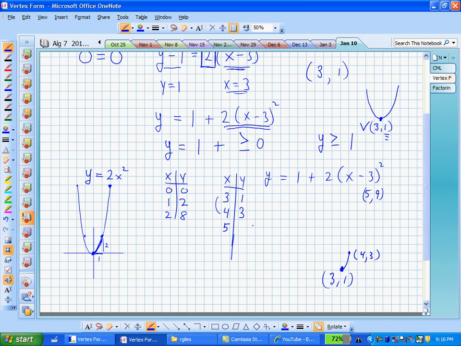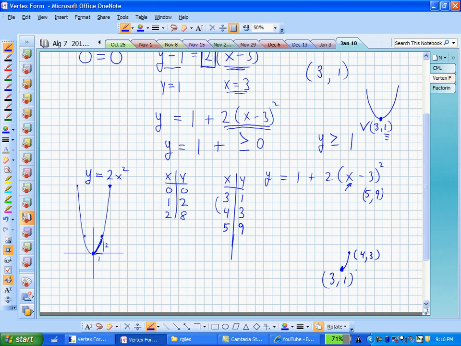Let's see. If we plug in 5, 5 minus 3 is 2. 2 squared is 4. 4 times 2 is 8. That's the 8 we're going up. Add it to 1 from where we started. So we're going up to 9. 5, 9, as expected.